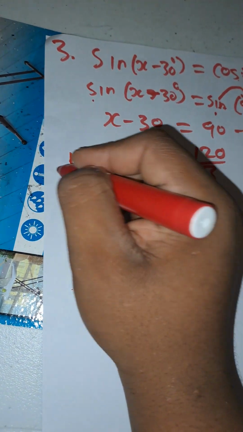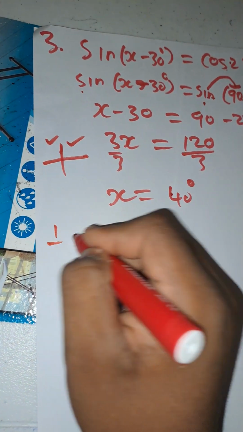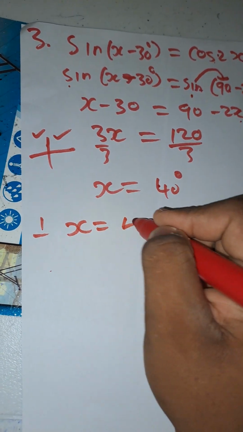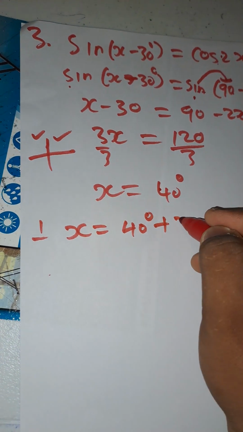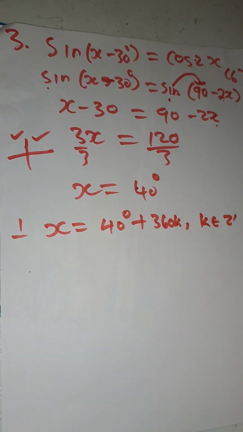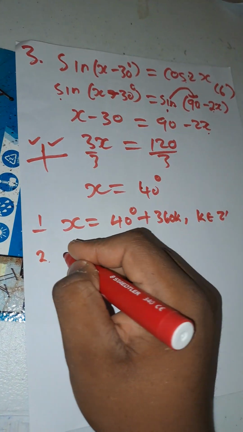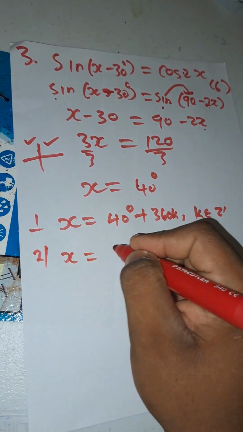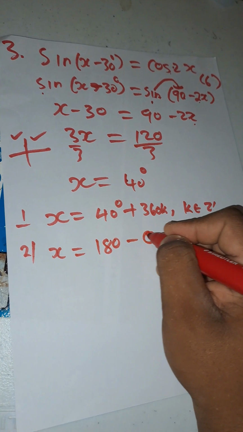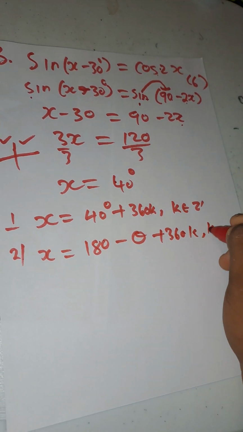Where is sine positive? Sine is positive in the second quadrant and the first quadrant. So for the first quadrant, x is equal to 40 degrees plus 360k, k an element of the integers. Remember, don't forget this. This thing has a mark. And then the second quadrant: x is equal to 180 minus theta plus 360k, k an element of the integers.